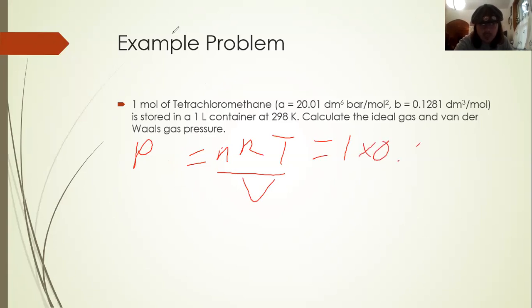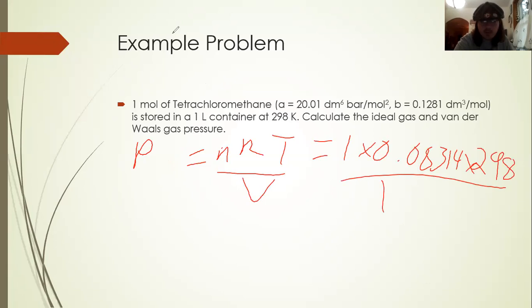R is never going to change. 298. This whole top part is going to be the same in both equations, divided by 1. So the pressure of this situation is pretty standard, 24.7 bars.